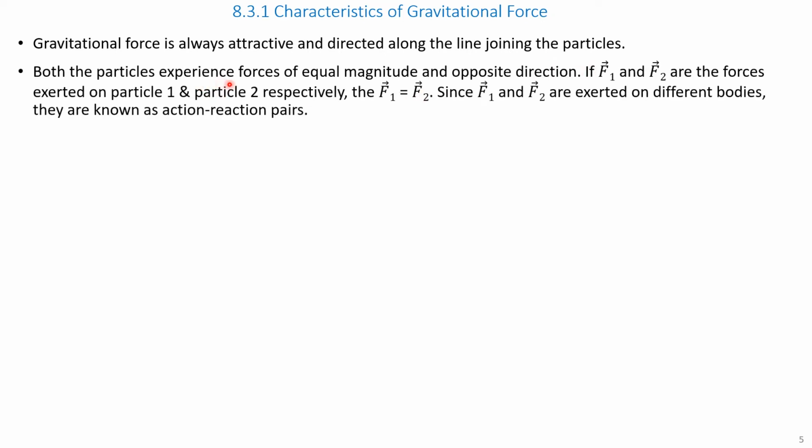Both particles, m1 and m2 in the previous slide, experience forces of equal magnitude and opposite direction. If F1 and F2 are the forces exerted on particle 1 and particle 2 respectively, then F1 is equal to F2. Since F1 and F2 are exerted on different bodies, they are also known as action-reaction pairs.